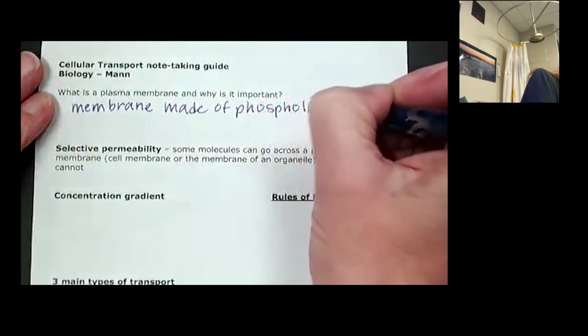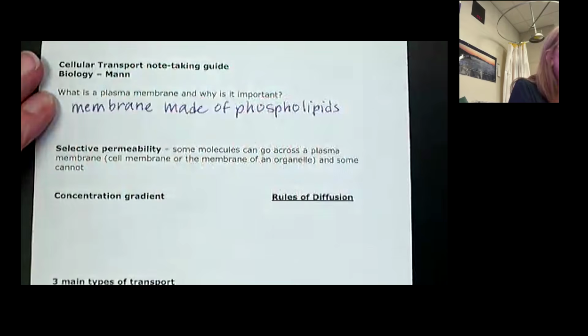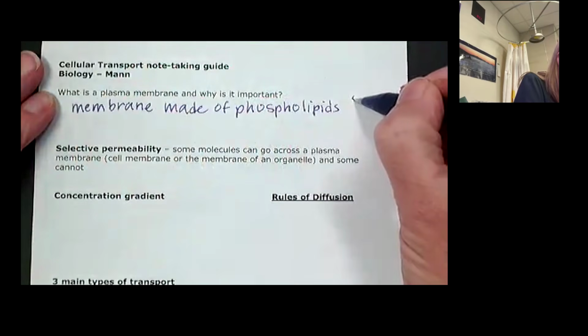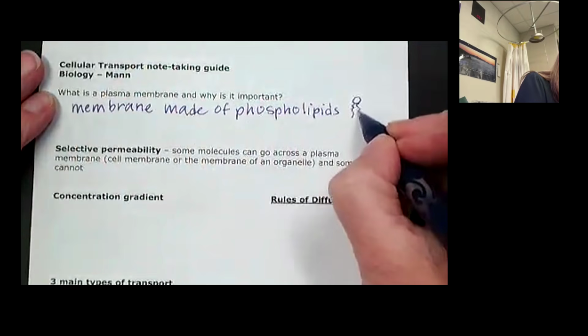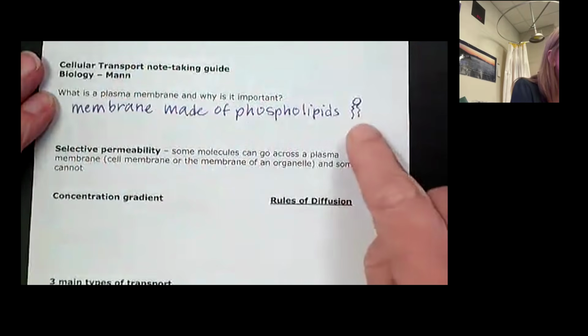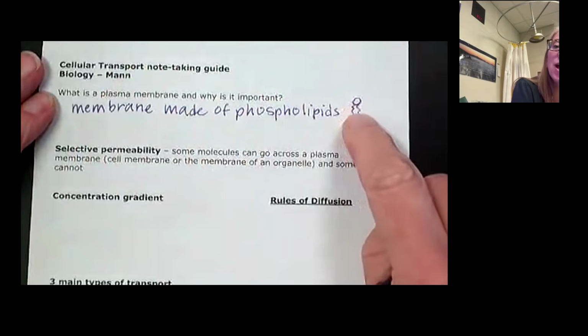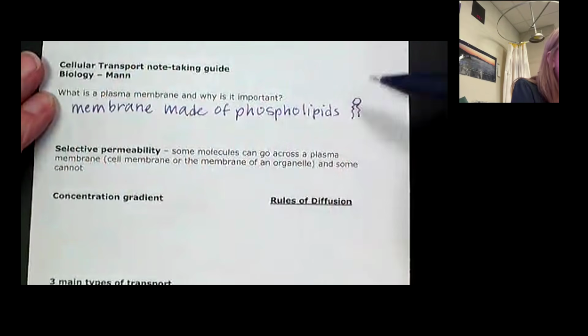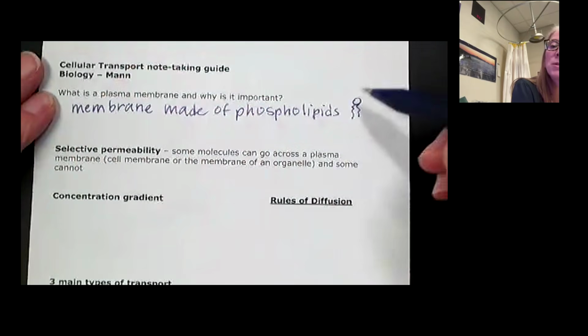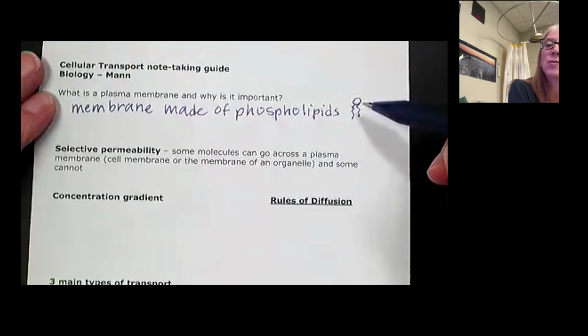And then I like to just remind myself of what that molecule looks like. So it has this little circular head on top, and then it has, sometimes we call them little tails. So these are our fatty acids that are coming down. They are connected by a glycerol, and then there's a phosphate on top. So sometimes we refer to the circle at the top as being the phosphate end of a phospholipid.